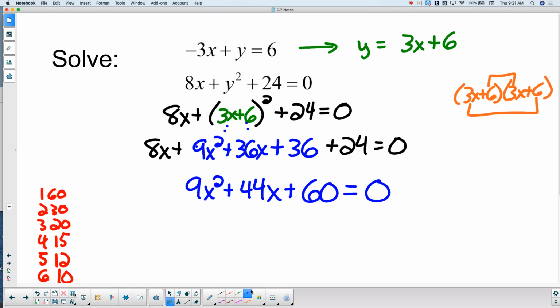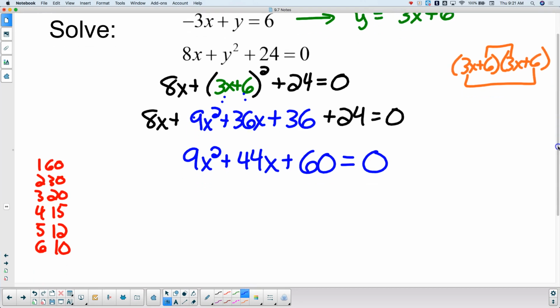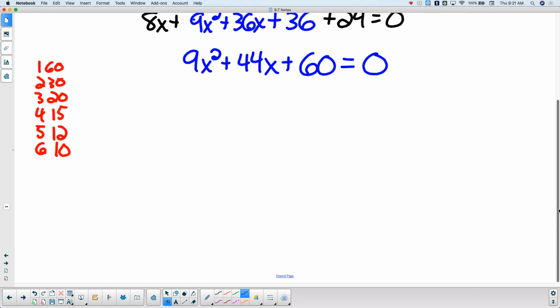Somehow, where did my squares go? There. Okay, so then x is equal to negative 44 plus or minus the square root of b squared.